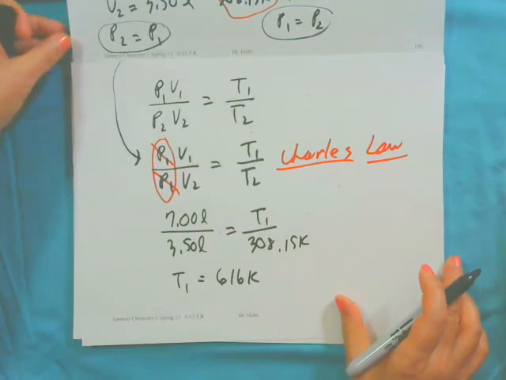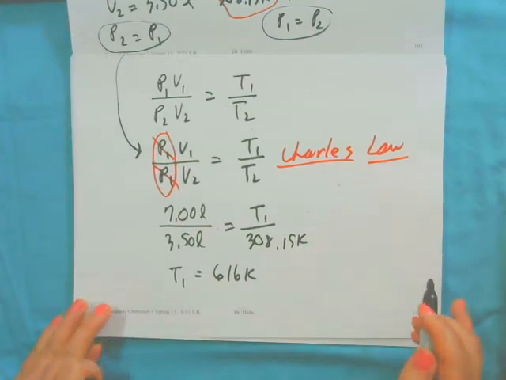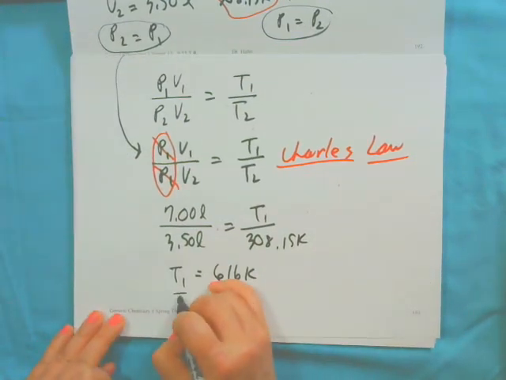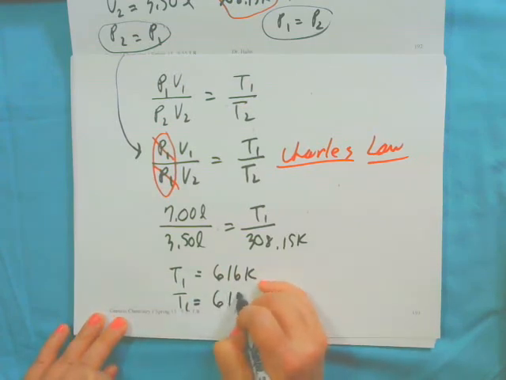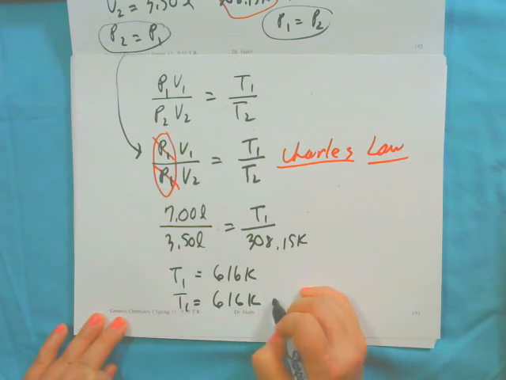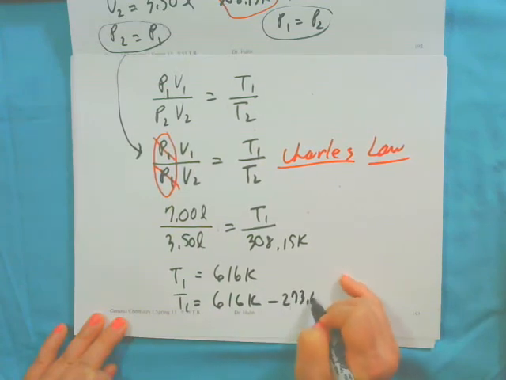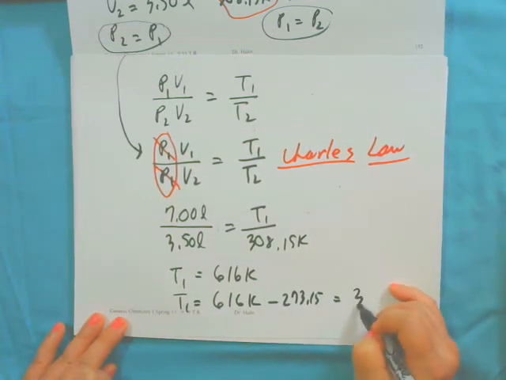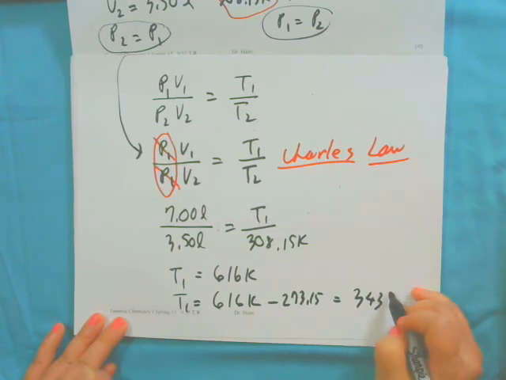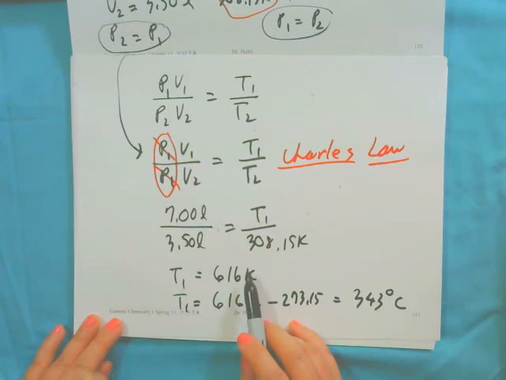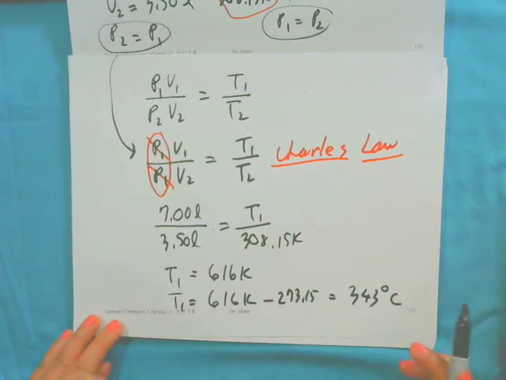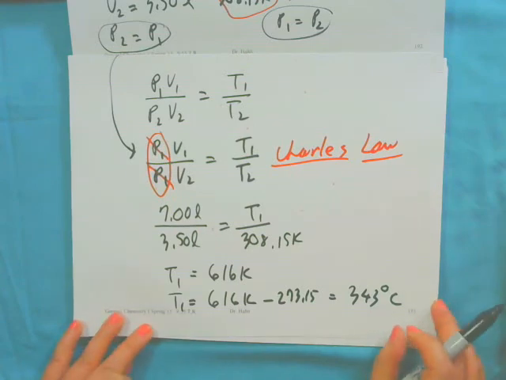And if I want the new temperature in degrees Celsius, I can simply subtract off 273.15, and then I will get 343 degrees Celsius. Once again, I had 2 significant figures in my original temperature, so I should really only have 2 significant figures in my final answer.